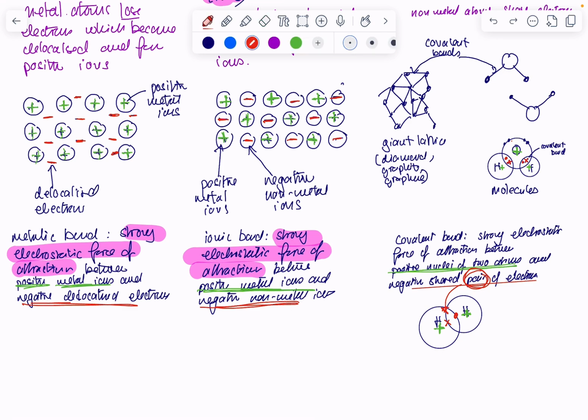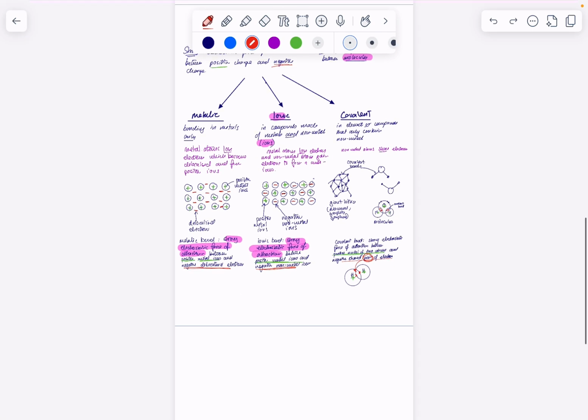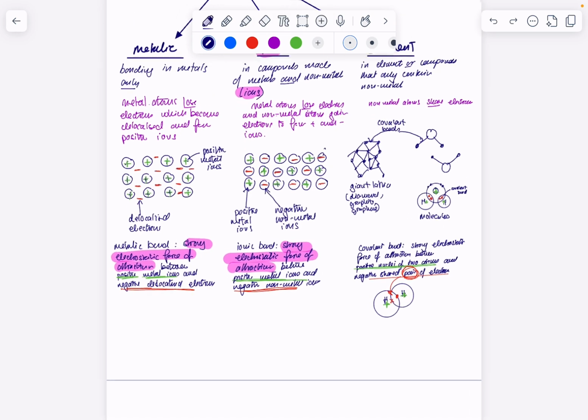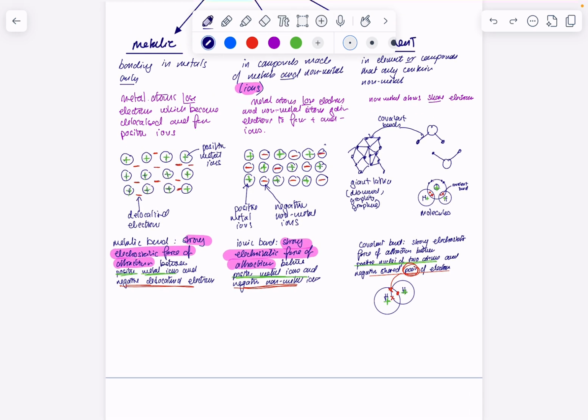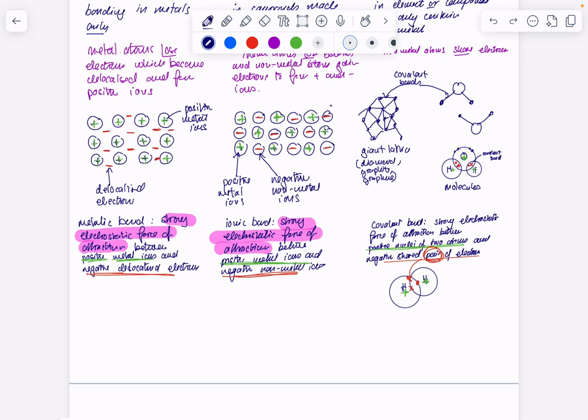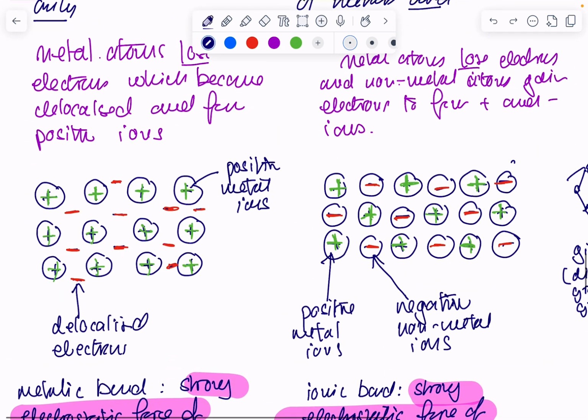Right, the last thing I just want to talk about now is what we mean by structure. So structure is how the particles are organised in different substances. In metallic substances, they are always organised in layers that go on and on and on.